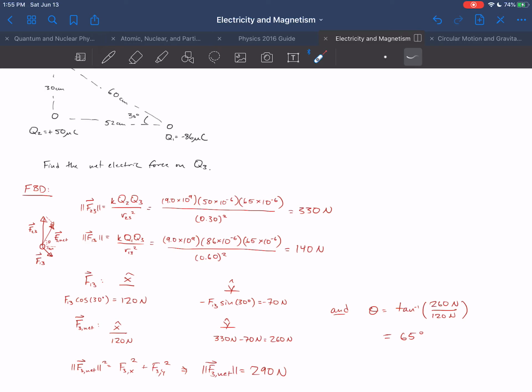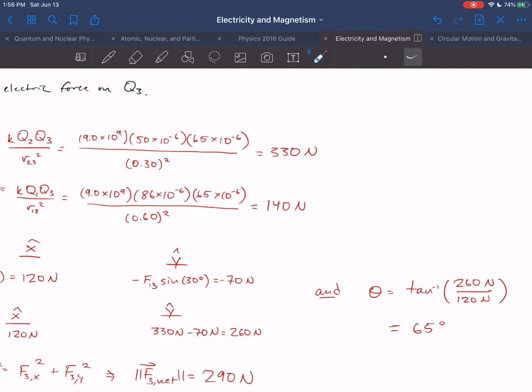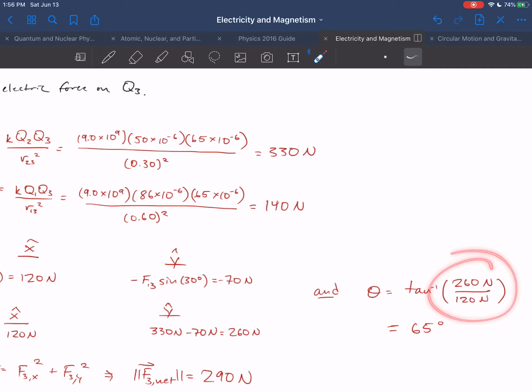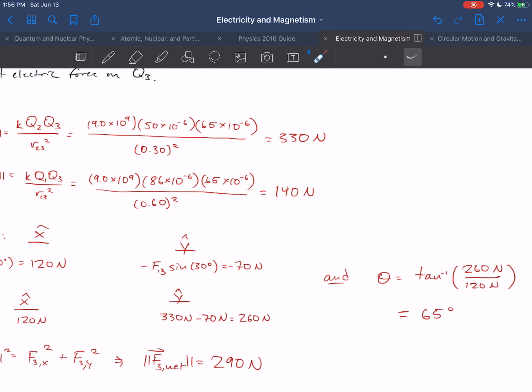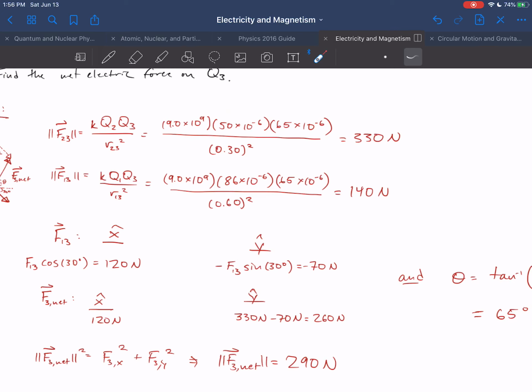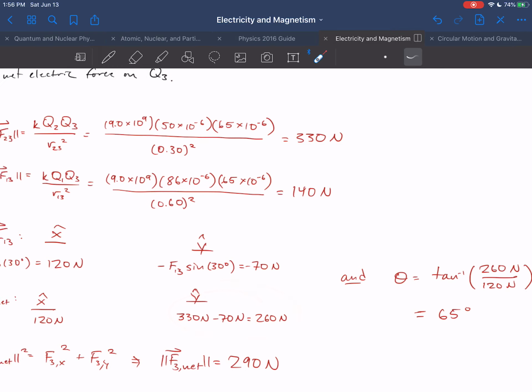So now we have that length. But again, if we want that force, we also need to find the direction. We need theta. And so theta, as shown here, can be found using the ratio of the horizontal and vertical components of the net vector. Okay, so our x component is 120 newtons and our y component is 260 newtons.